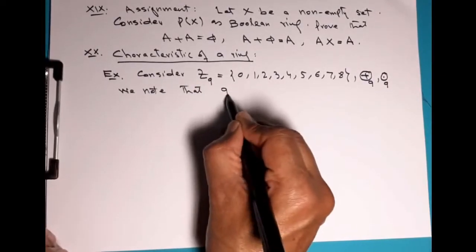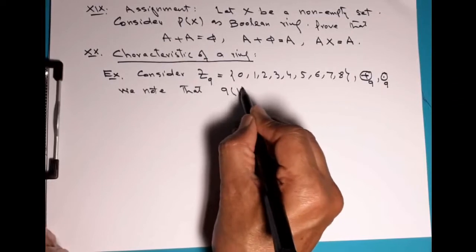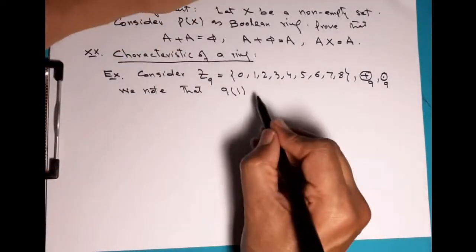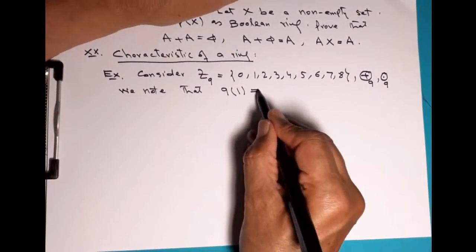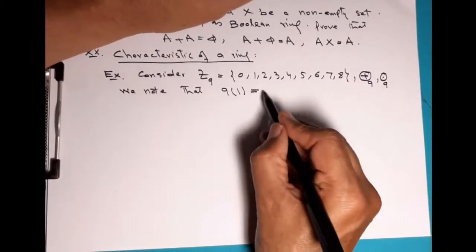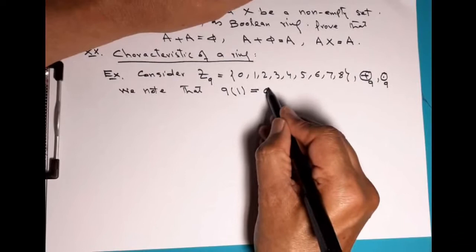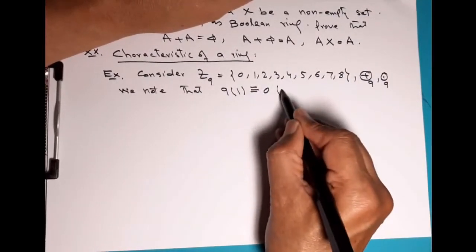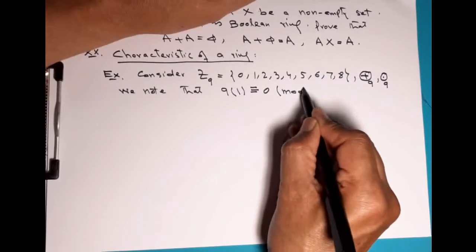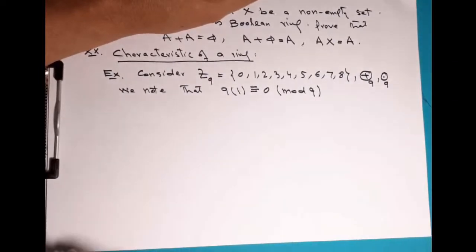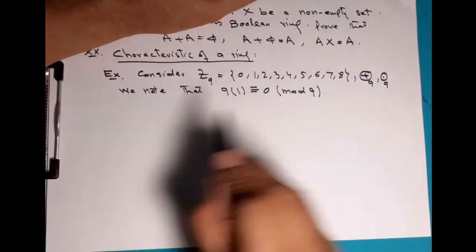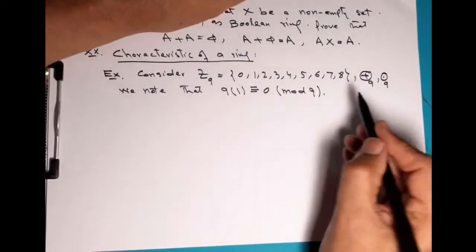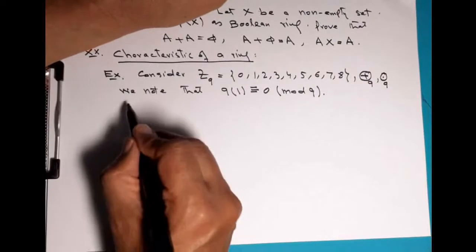if we multiply 9 with 1, 1 is the multiplicative identity, the result will be equal to 9. And you know that in this ring 9 is 0, meaning 9 is congruent with 0 mod 9. We say that 9 is 0. So the characteristic of this ring Z9 is 9.